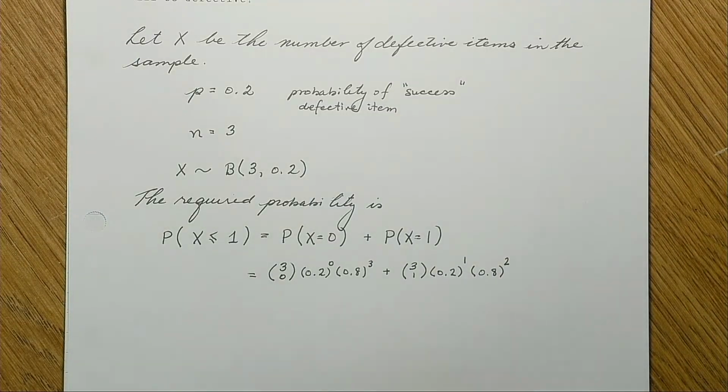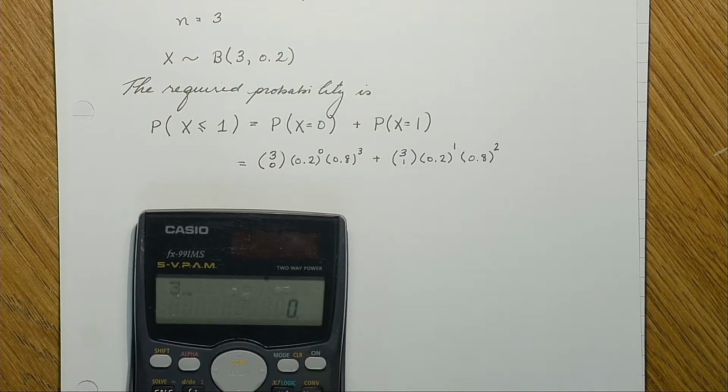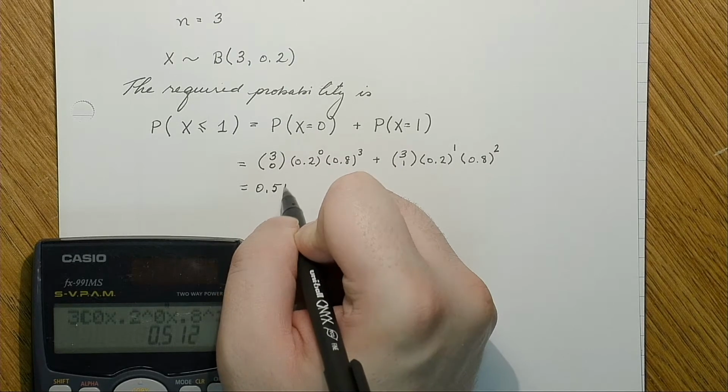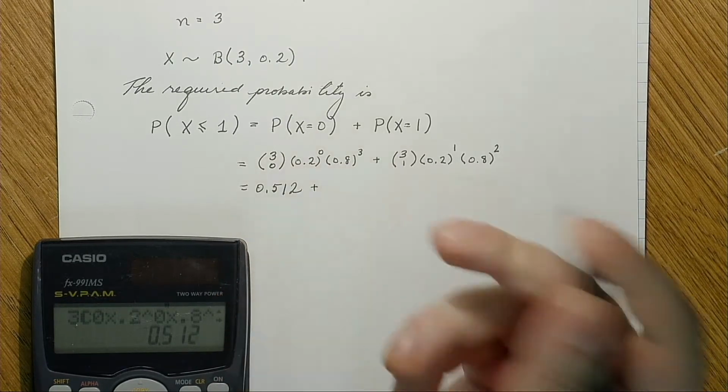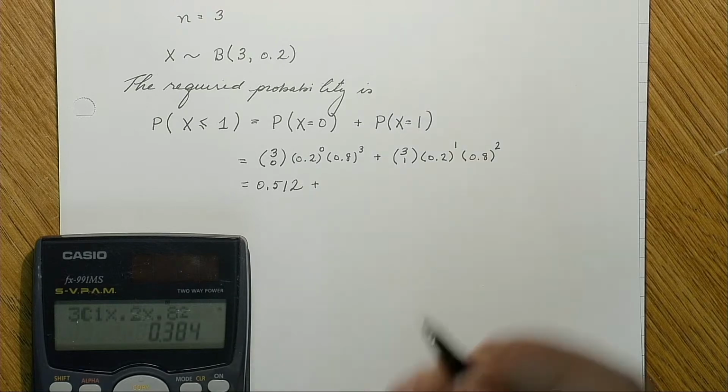So, pull out the calculator. I have 3 choose 0 times 0.2 to the 0, times 0.8 cubed, plus 3 choose 1 times 0.2 times 0.8 squared.